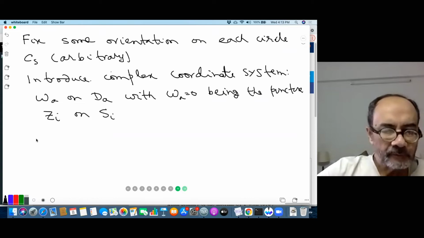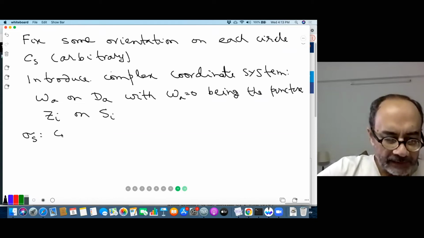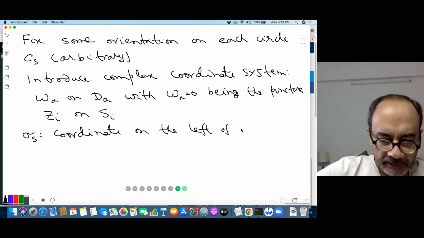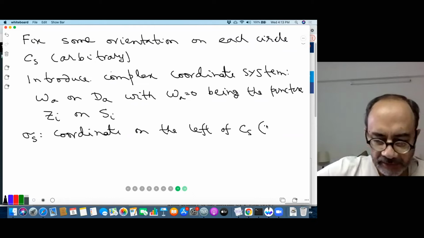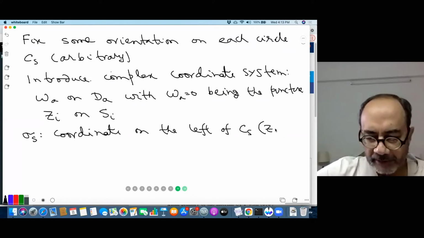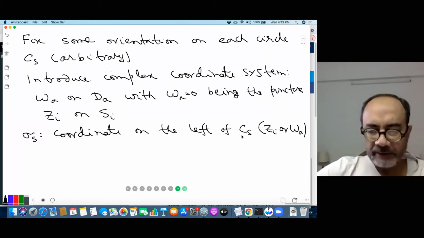Now we go back to this. We call sigma s the coordinate on the left of CS, which could be either Zi or WA, depending on what is there on the left of CS.